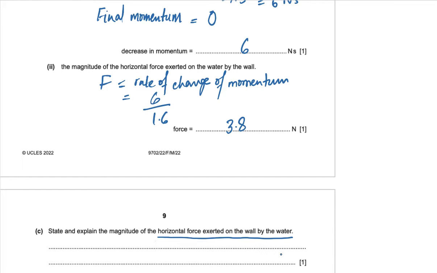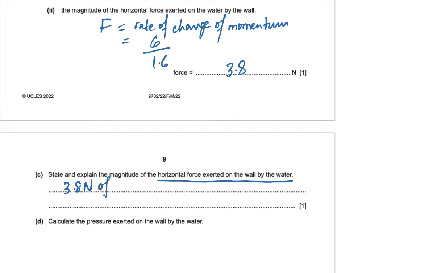So ultimately, due to Newton's third law of motion, that exact same amount of force will be exerted back on the wall by the water, but the direction of the force will be opposite. All right, 3.8 newtons of force was exerted on the wall by the water, and that same amount of force will be exerted back on the jet of water by the wall.